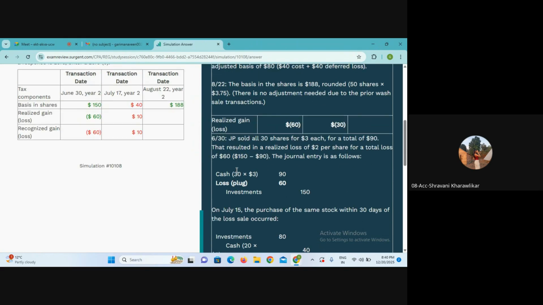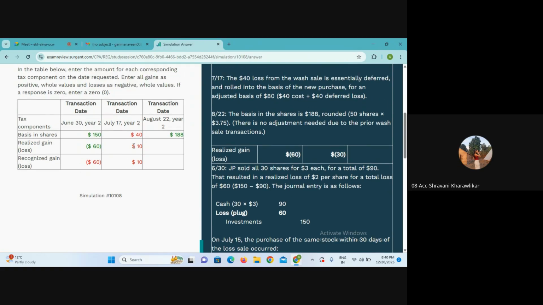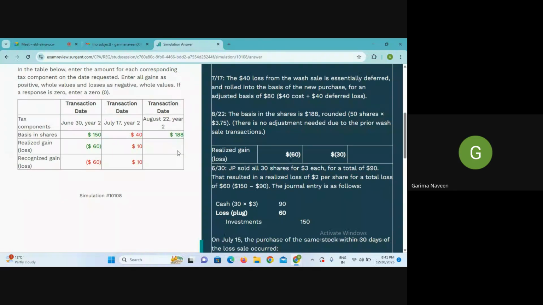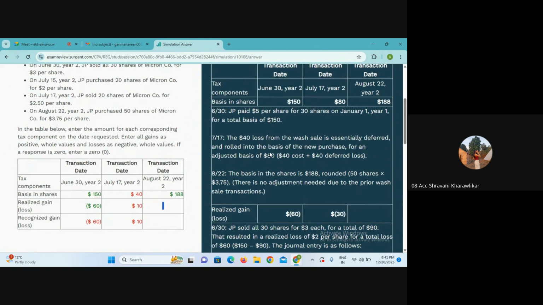And did we not actually put zero? That is why we got the last two columns wrong also. For which? The last ones, the one after 188, we were supposed to put zero, right? No, there is no value we have to put here. No, it was written if a response is zero, enter a zero.